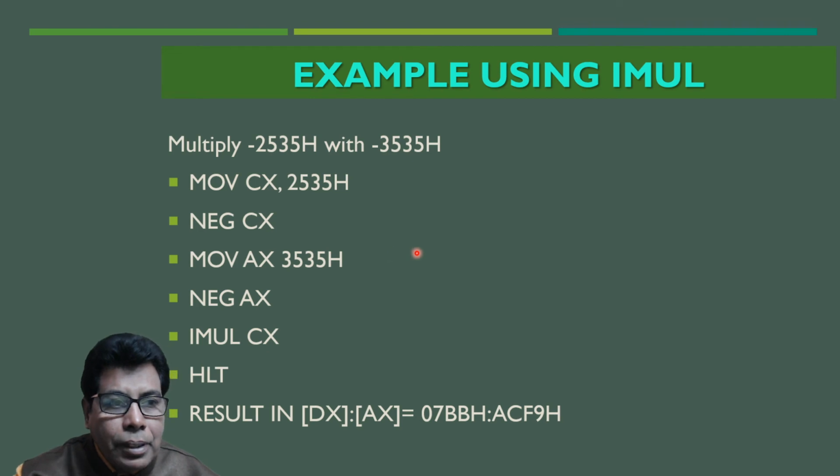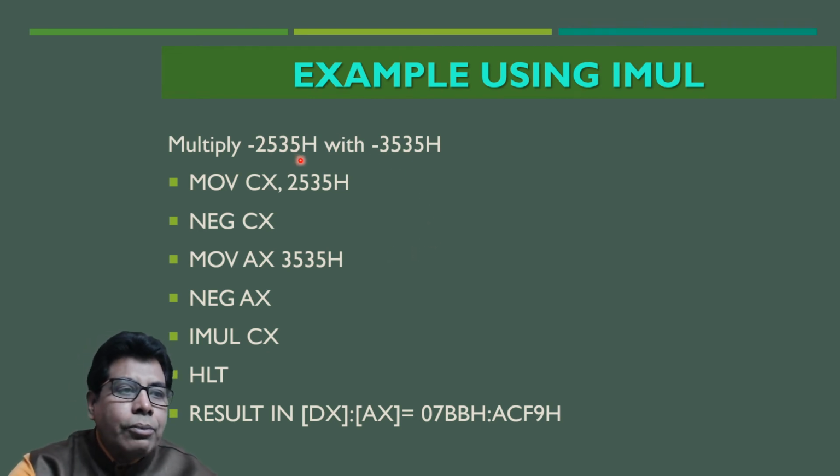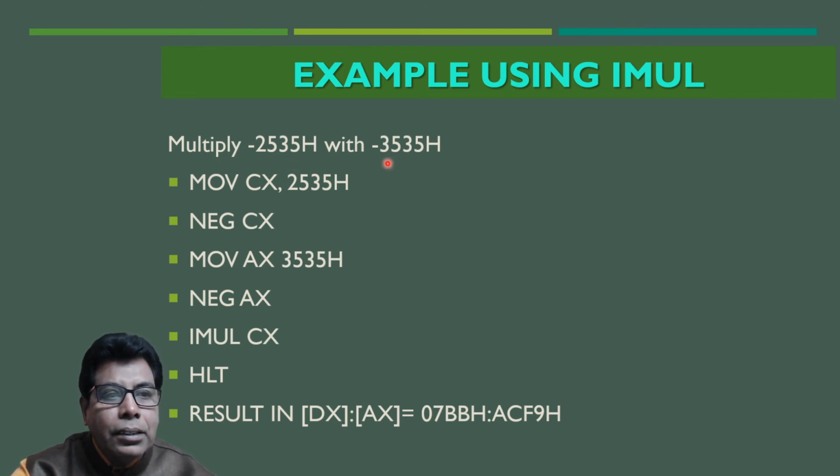Let us see an example. Here we are taking two negative numbers, minus 2535 and minus 3535. First we load the first number in the CX register with MOV CX, 2535. Then here you have to change the sign of this, so we use the instruction NEG, negate.